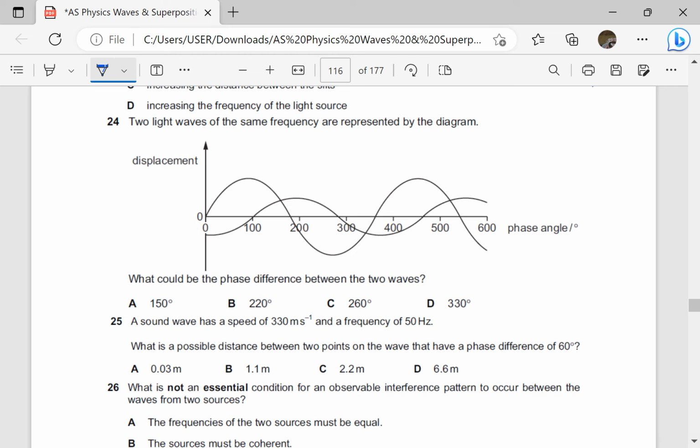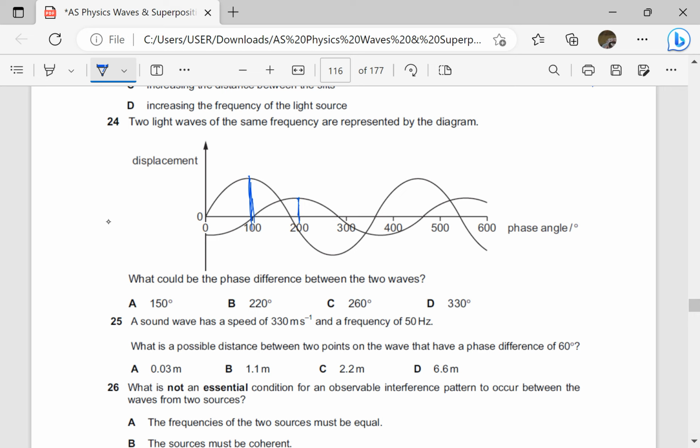Two light waves of the same frequency are represented by the diagram. What could be the phase difference between the two waves? So we look for the time out of step, corresponding values of time out of step. This is going to be very hard, but okay, this is at this point here, approximately, and the corresponding peak is here.